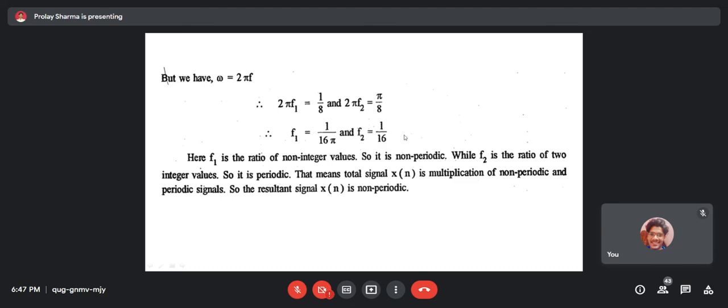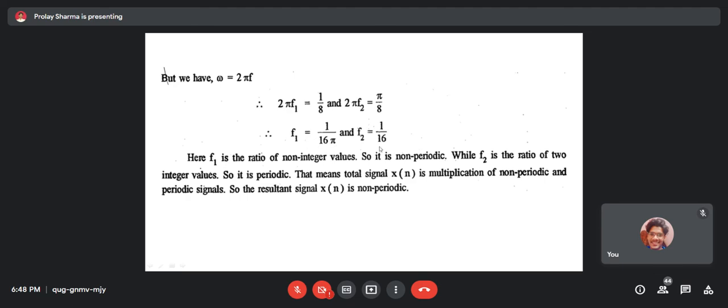Now the condition is that this is the multiplication of two signals. So for the first signal, f1 is a ratio of non-integer values. Here you see that in the denominator 16 into π, and π, as all of you know, is 3.14.